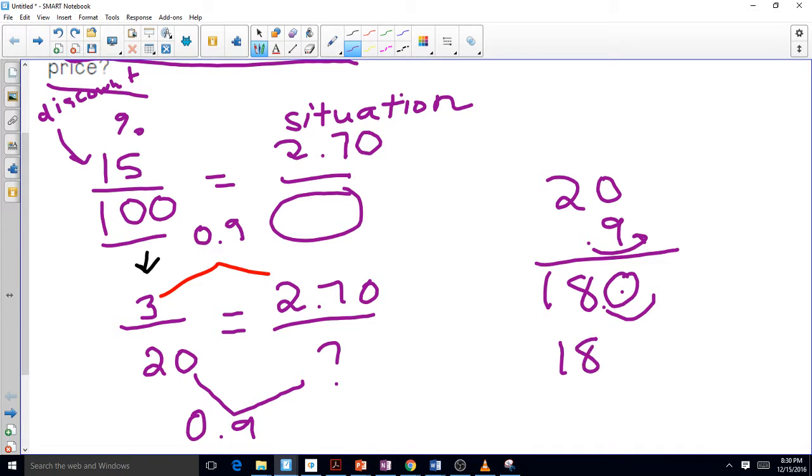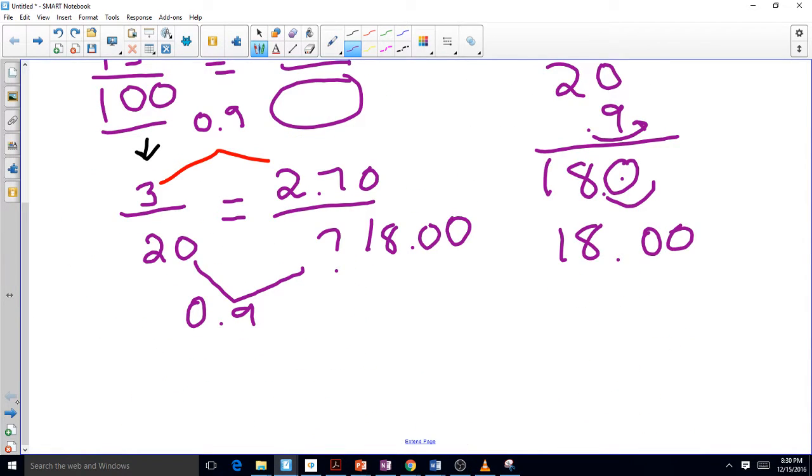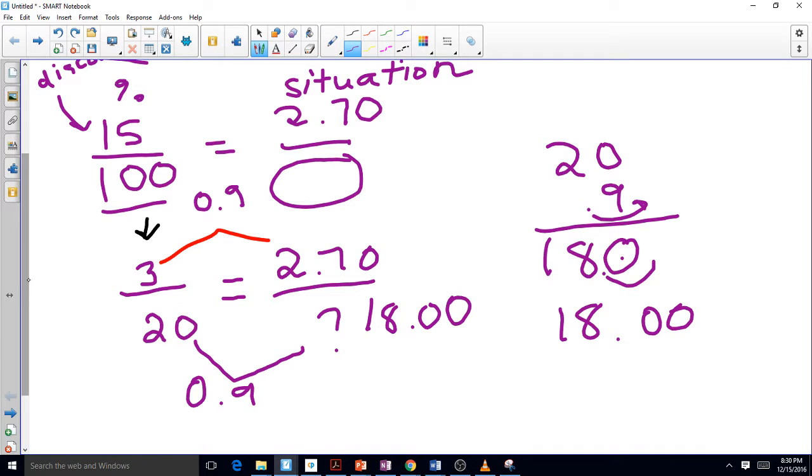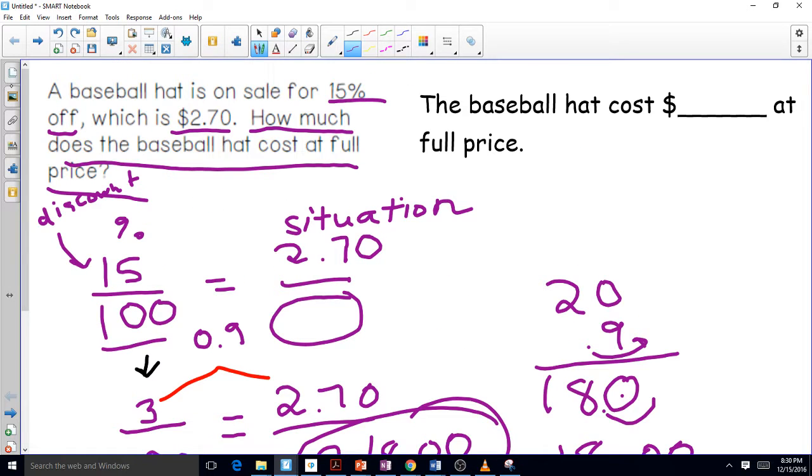This gives me 18, which is the same thing as saying $18, which tells me that the price of the original baseball hat without the discount, so the price when you're paying 100% for it, is $18, meaning that I can go back up to my answer and know that the baseball hat cost $18 at the full price.